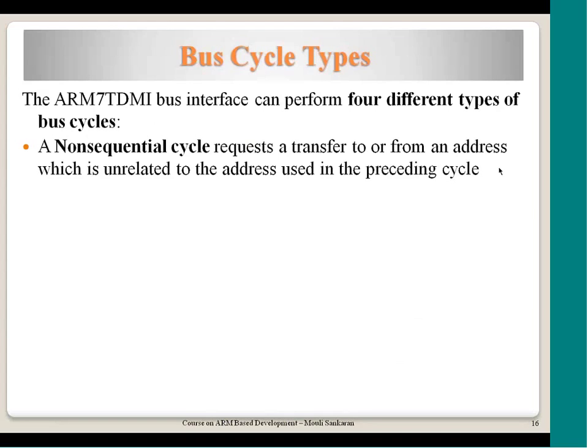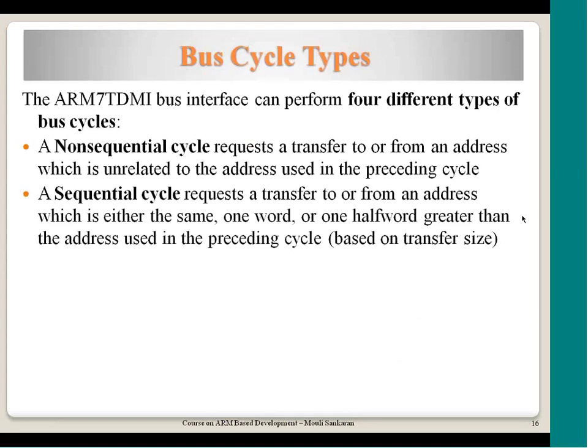Now in the sequential case, what happens is when you need to read sequential bytes or words from sequential locations, the processor can put out the addresses, incrementing one by one based on the word width, whether it is a 32-bit transfer or a 16-bit transfer, and it will also indicate to the memory that it is a sequential address. Now what is the advantage?